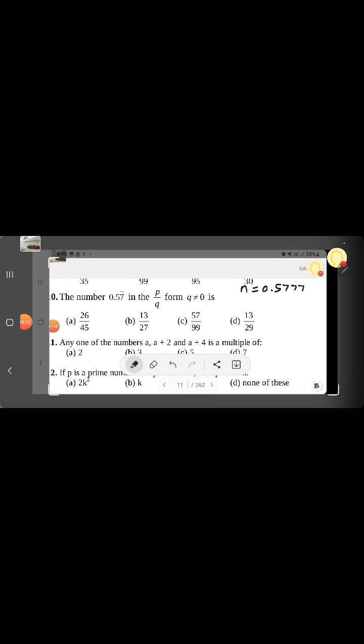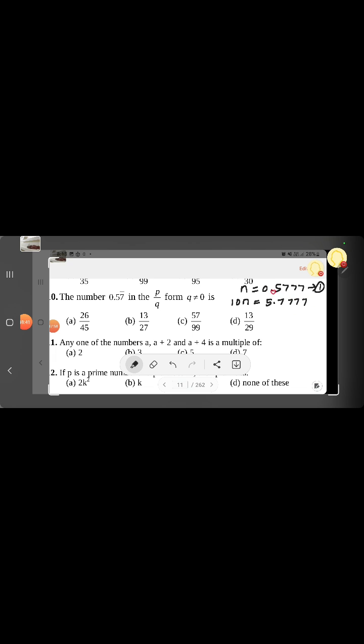So when one decimal value is repeating, then we multiply it by 10, right? So we get 10n is equal to 5.7777. Okay, fine. Now, when you consider this as equation 2 and subtract, we won't get the result.